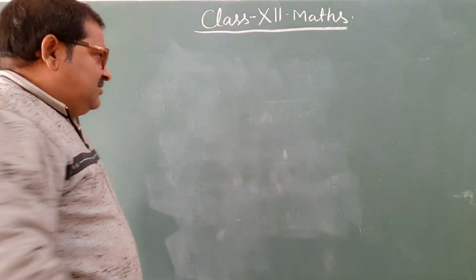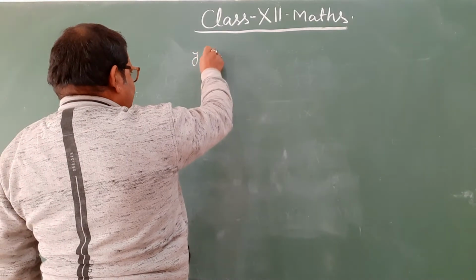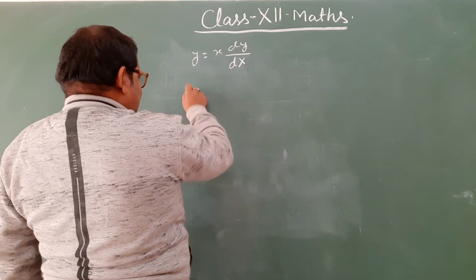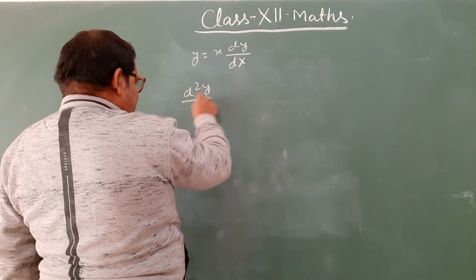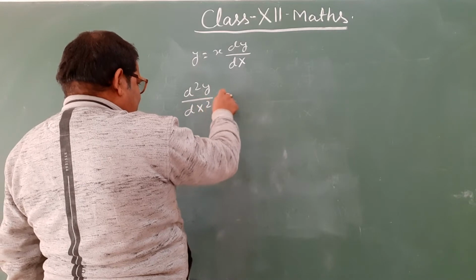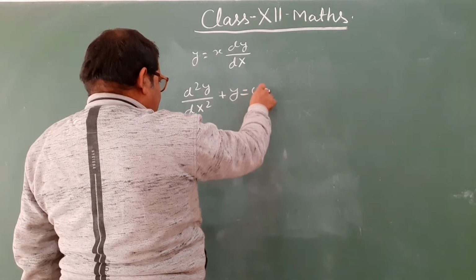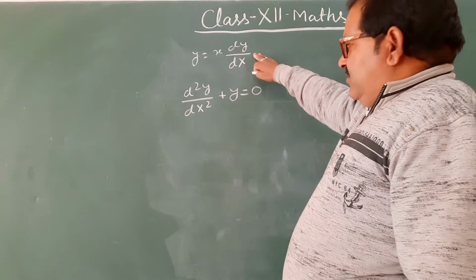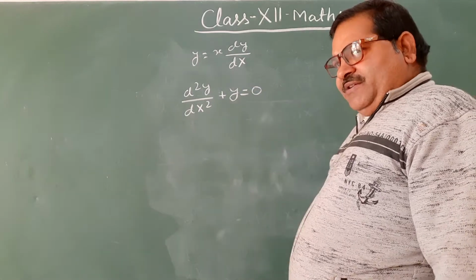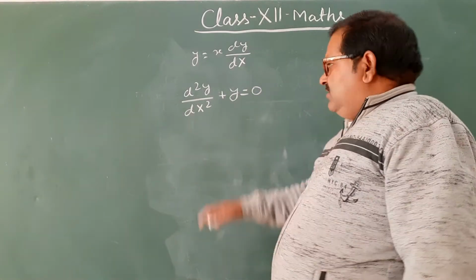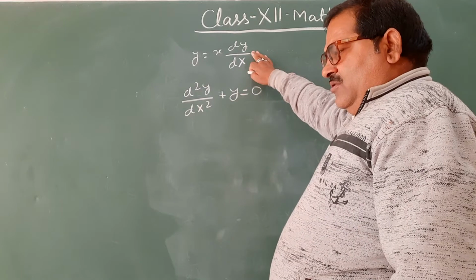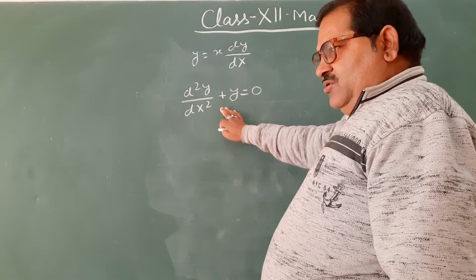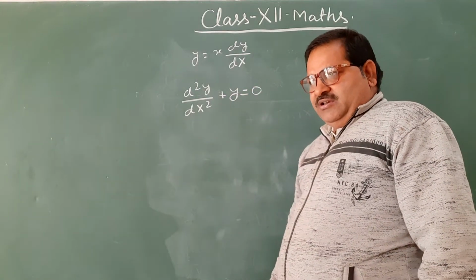In the previous equations, y is equal to x dy by dx is an equation of first order, and d2y upon dx square plus y equal to 0 is an equation of second order. It means this equation has one arbitrary constant and this equation has two arbitrary constants.